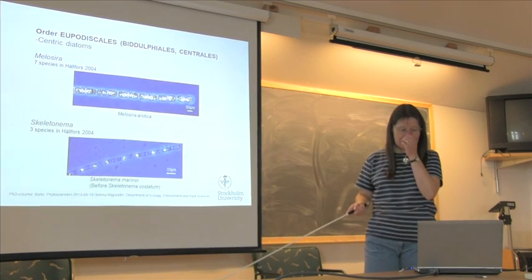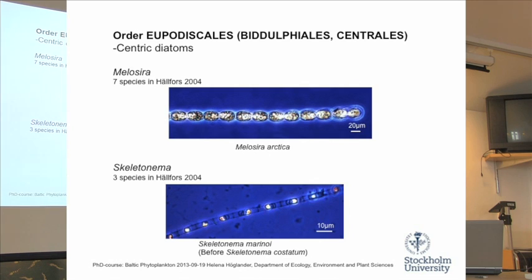And we have some centric species that are building colonies. We have this spring species, Melosira arctica, for example. It can be blooming under the ice, attached to the ice, and also occurring in springs when there has been ice in the area. So this Melosira arctica.